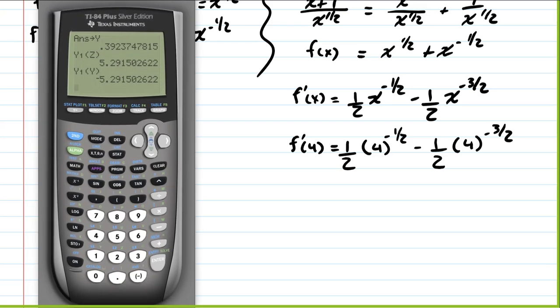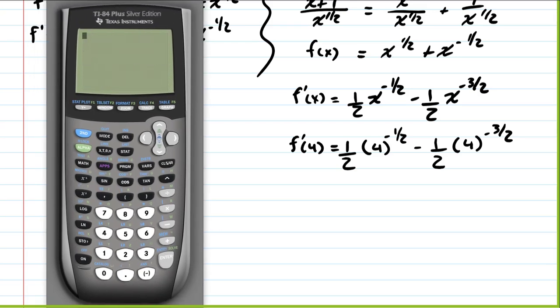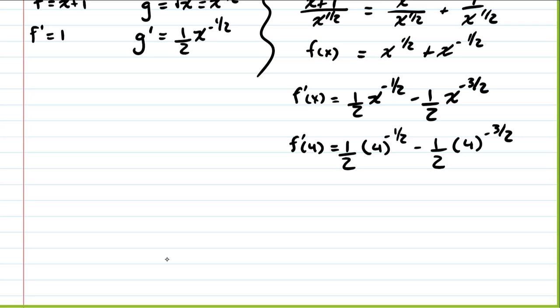Using my calculator, I can evaluate the following. I get 4 to the negative 1/2 over 2 minus 4 to the negative 3/2 all over 2, and I get f prime of 4 is 3/16.